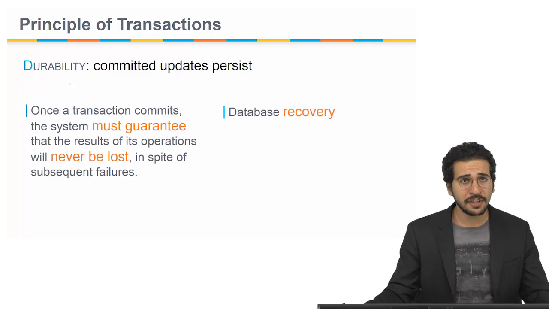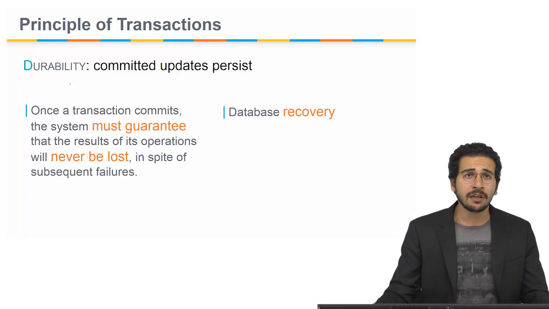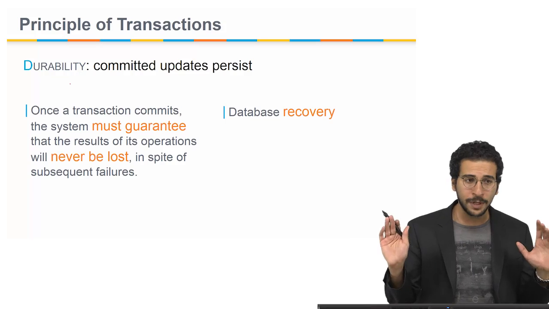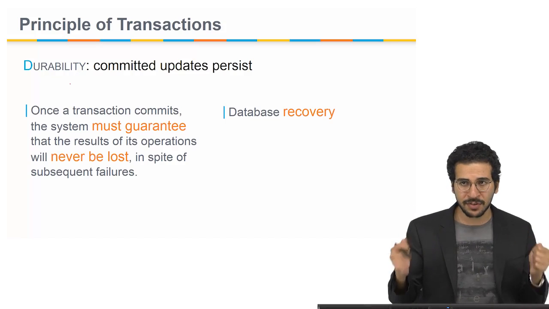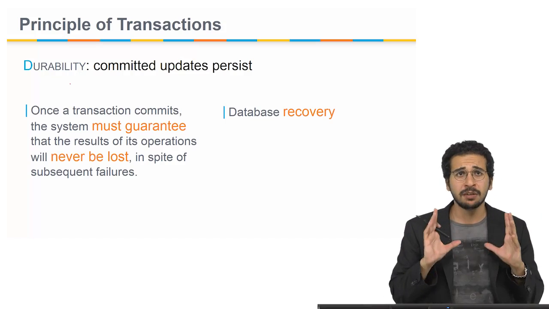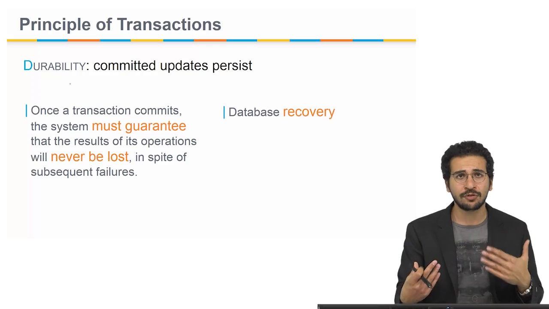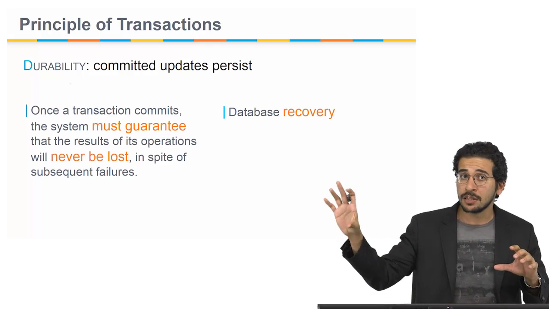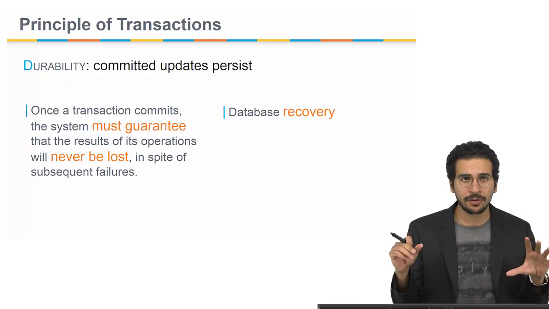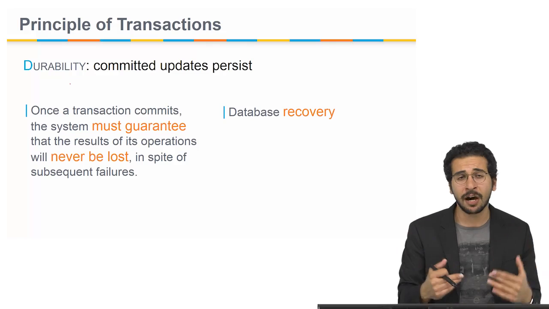The last concept of the ACID properties is durability. Durability means that whenever you have a transaction and the database system says to the user that the transaction committed, this is kind of a contract between the database system and the user. And this contract must be honored.